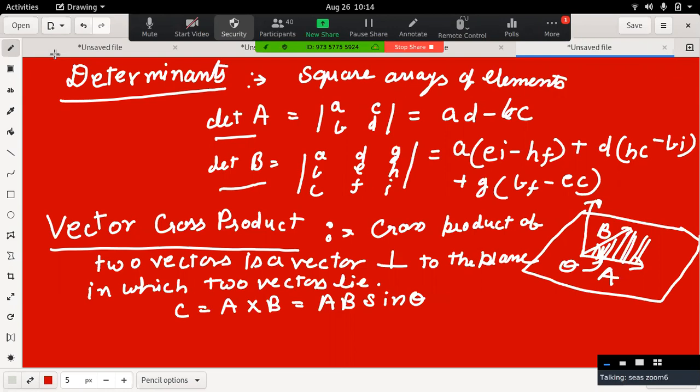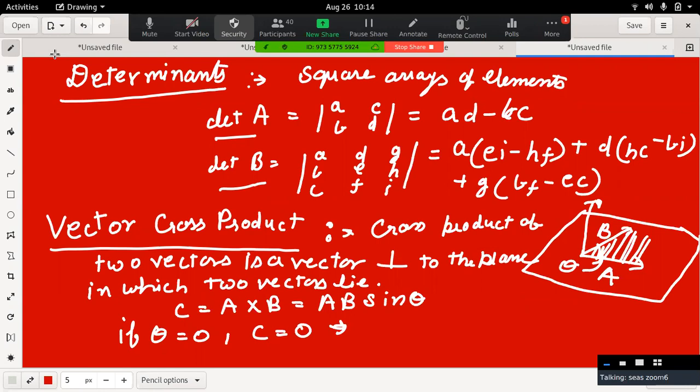If theta is 0, then the cross product will become 0. If theta is 0, then C is equal to 0, which actually means that the vector cross product is 0. There is no cross product if two vectors are parallel to each other.